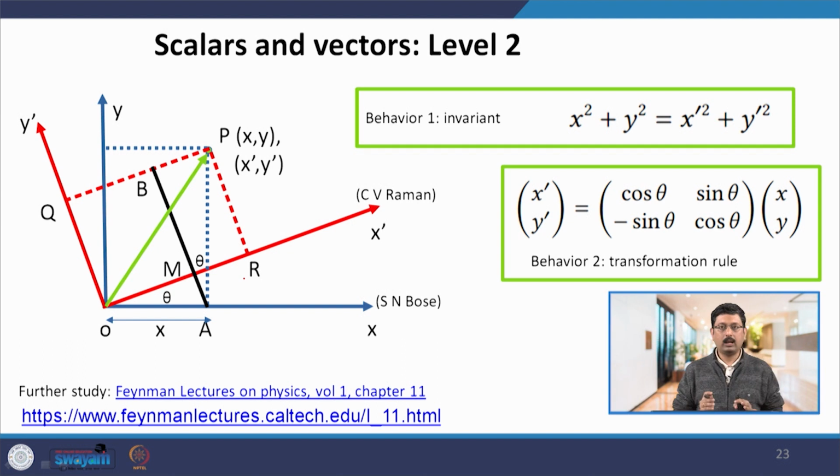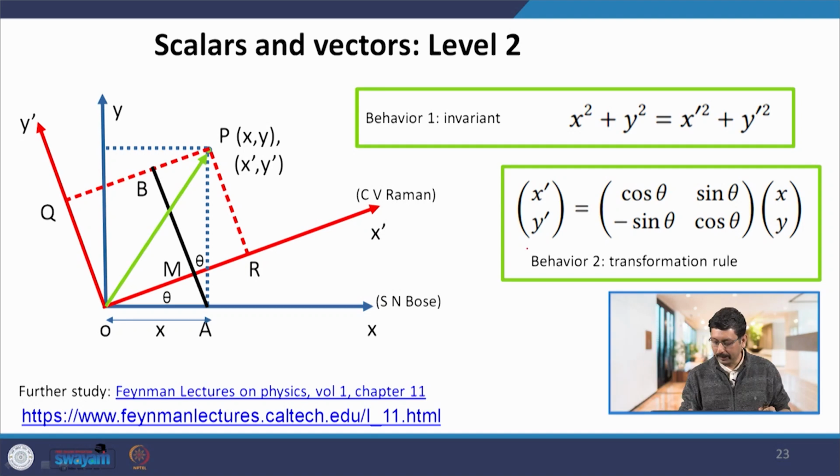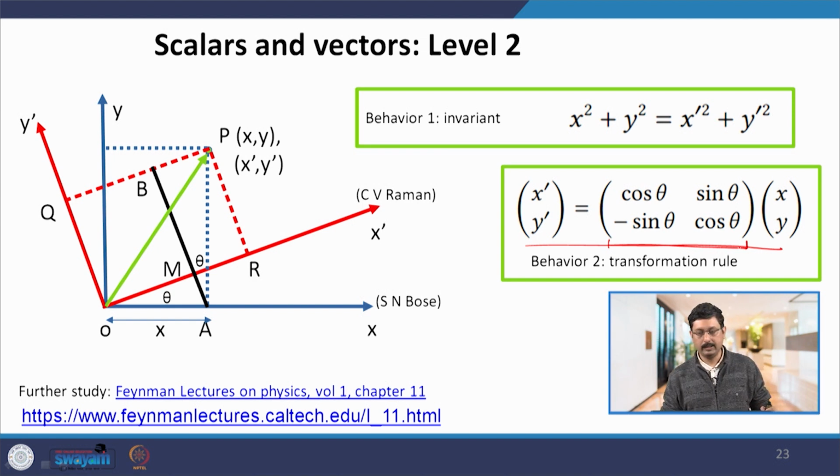And now, I summarize what we found so far, that if we apply a coordinate transformation, then the location of the same point in two different coordinate systems, the coordinates will be different, but they will be related by a particular rule, and this rule is a combination of this cos theta sin theta.